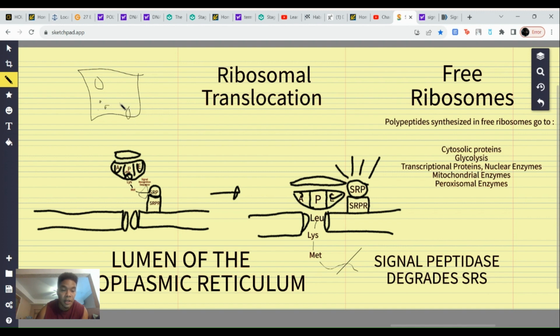And then we'll have the ER, which is kind of close to the nucleus, right there, and it's got some membrane folds. And we're going to have ribosomes on the ER, the endoplasmic reticulum. Not an artist, scientist.